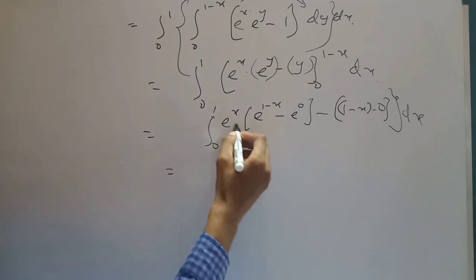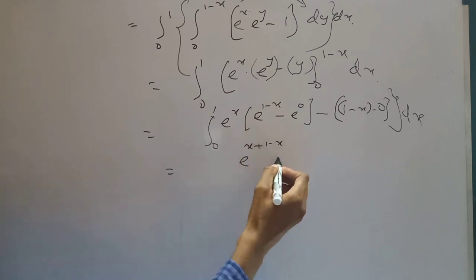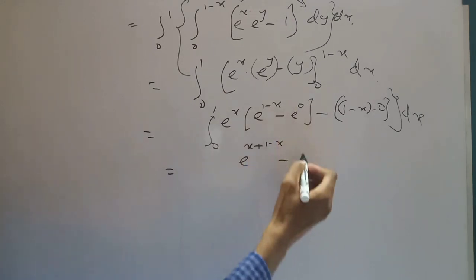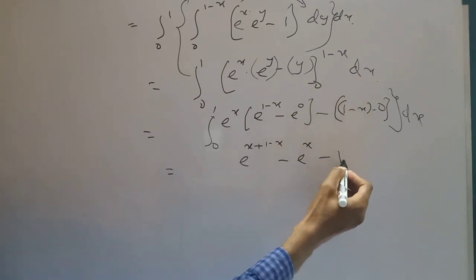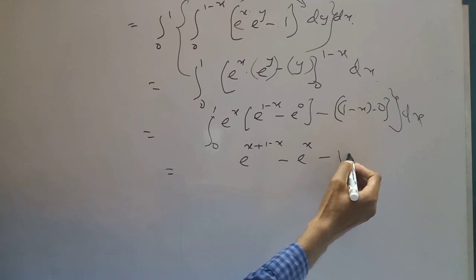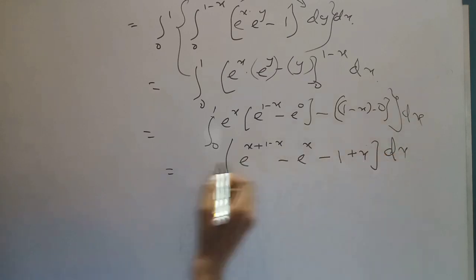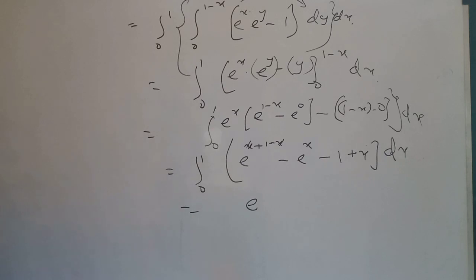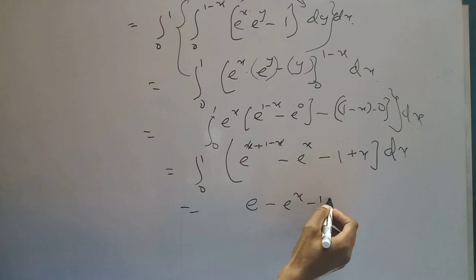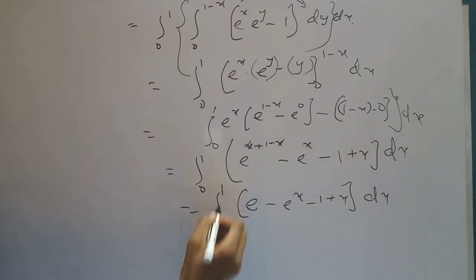E power x into e power 1 minus x: the base is common, so x plus 1 minus x gives e power 1. Minus e power 0, value 1, into e power x, minus of 1 minus x, so minus into minus gives plus x. The e power x minus x cancels, leaving e power 1 minus e power x minus 1 plus x, integrated with respect to x from 0 to 1.